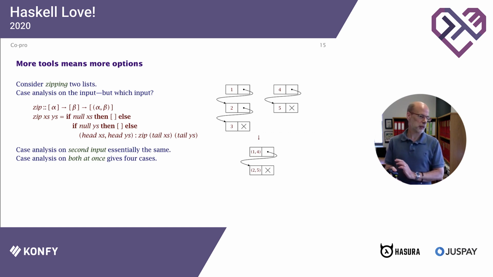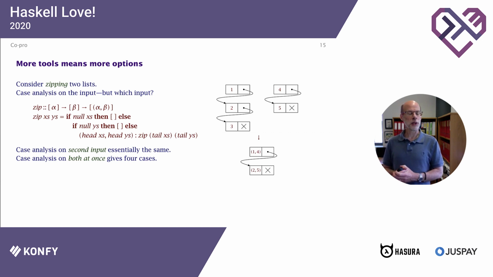So I do a case analysis on the left-hand list and then a case analysis on the right-hand list. And only if they're both non-empty do I produce something. It's the head of both lists is the first pair, and then I zip the tail of the two lists. So that's case analysis on the first input. Case analysis on the second input wouldn't give a very different program. It would just be a test against null y's first and then a test against null x's.